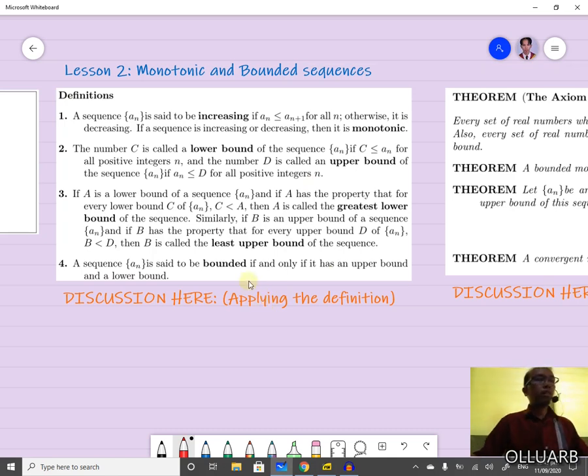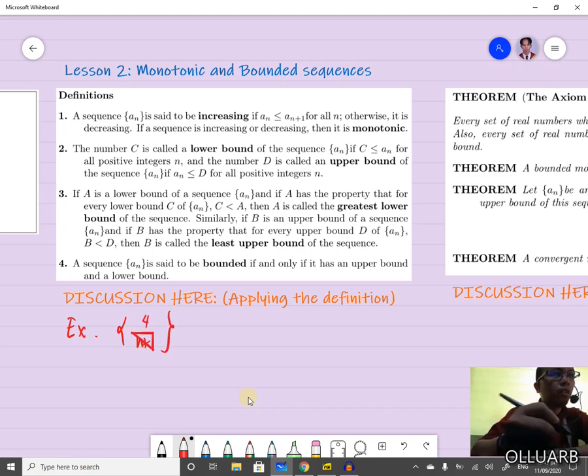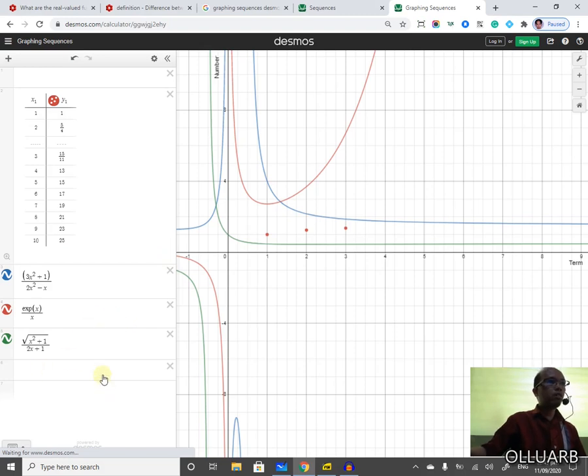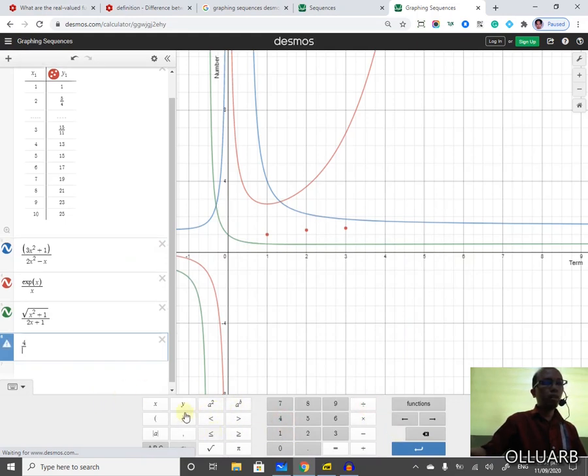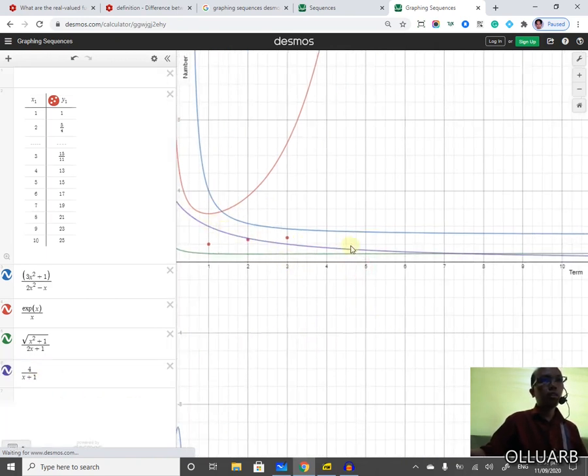As a very simple example, if you have this sequence, 4 over n plus 1, and we graph this one, 4 divided by x plus 1, the violet one, as you can see, it is decreasing.